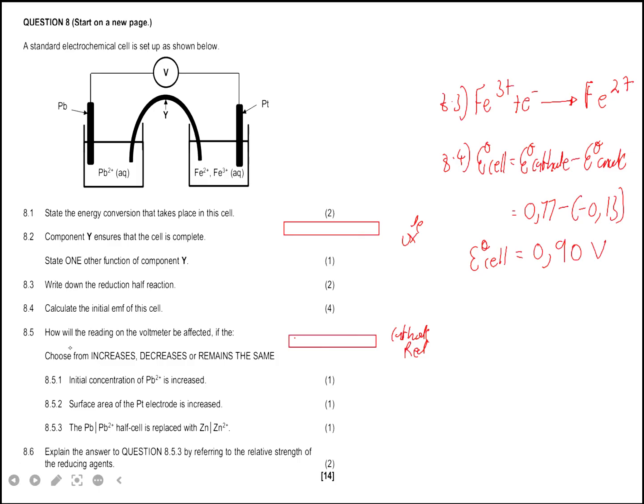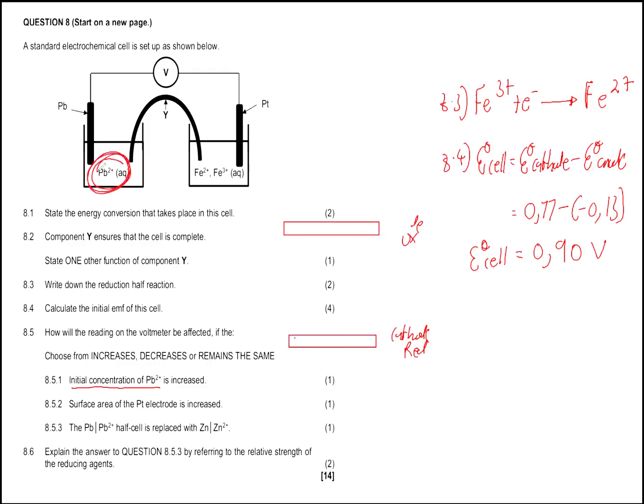Now, they say choose from increases, decreases, or remains the same: how will the reading on the voltmeter be affected if the initial concentration of the Pb2+ is increased? Note this: if the initial concentration of the reactant is increased, now obviously this will put pressure on the cell to use up this, right?